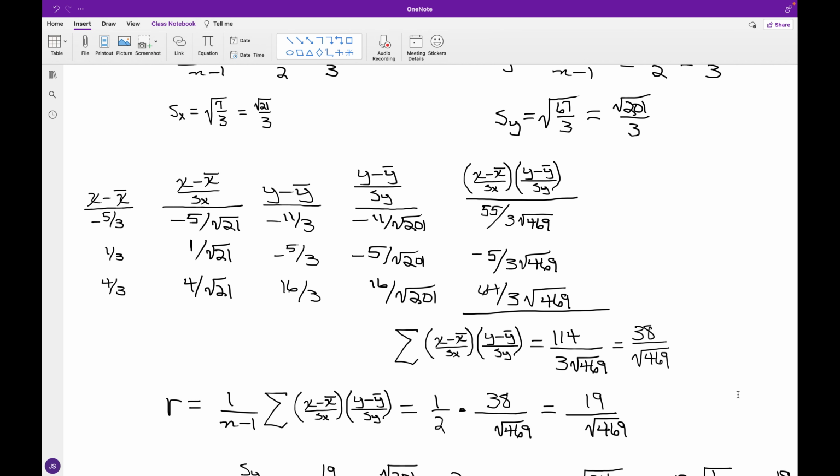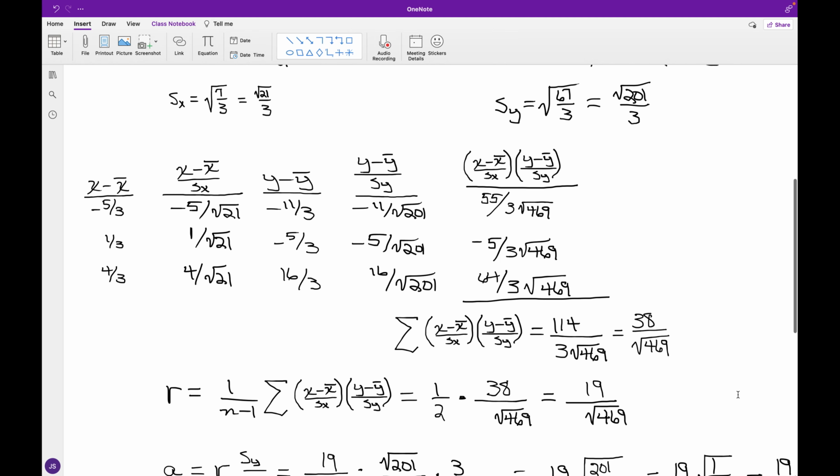Now for the value of r, we have 1 over n minus 1, times the aforementioned summation of the products we just looked at.